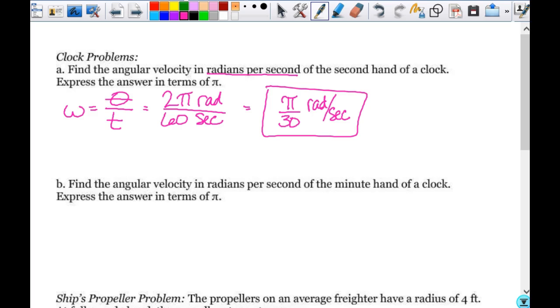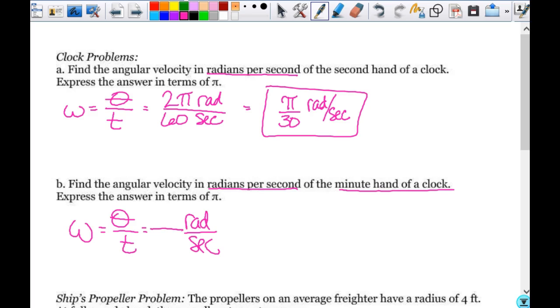Then it says find the angular velocity in radians per second of the minute hand of a clock. Okay, minute hand of a clock. So it's still velocity equals theta over time. This time I need it in radians per second, but I'm looking for the minute hand.